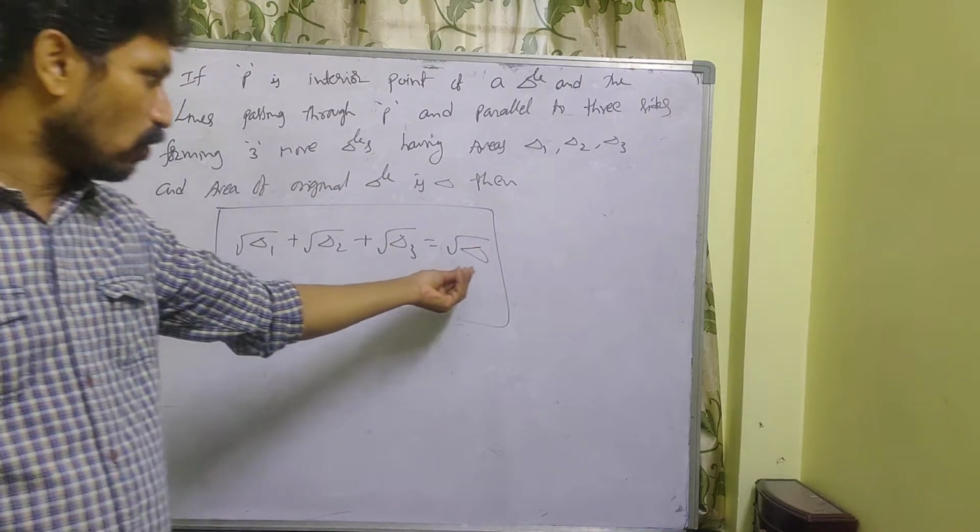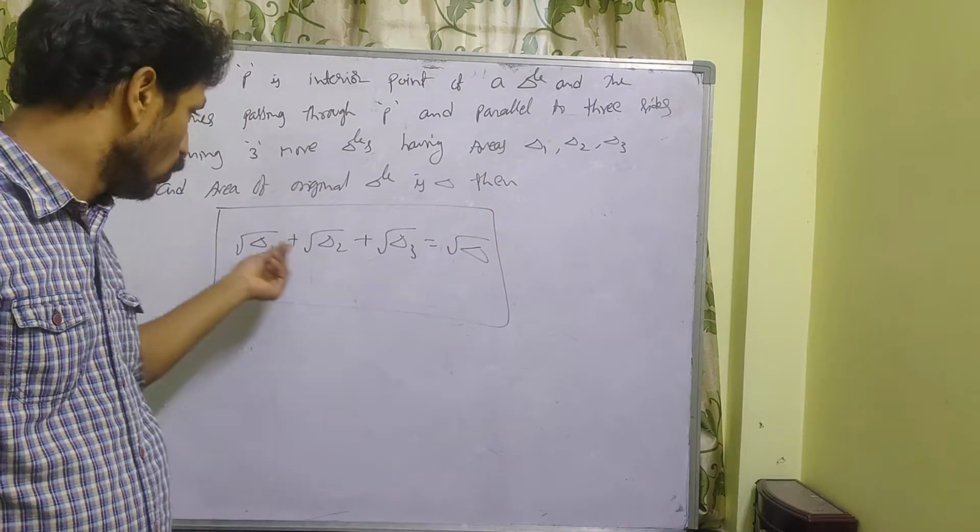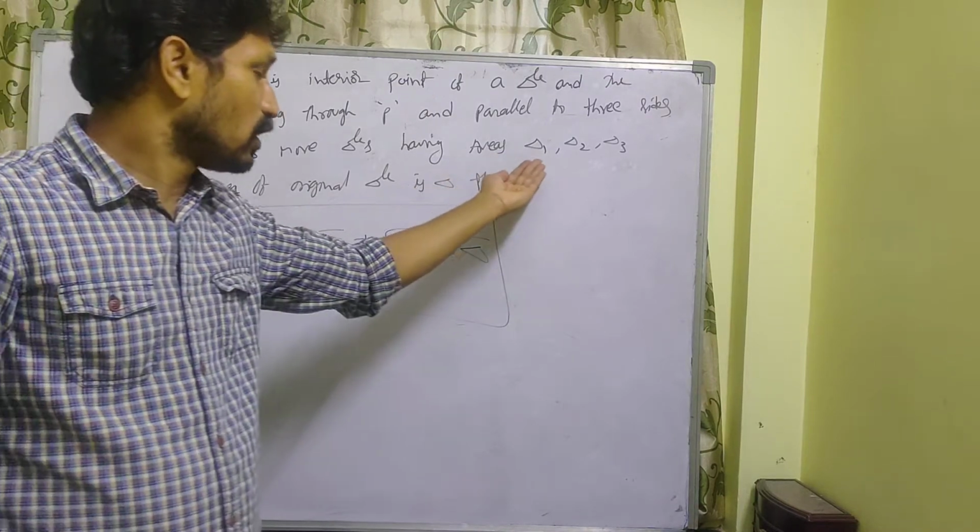This is the square root of the original triangle is equal to the sum of the square roots of these three triangles.